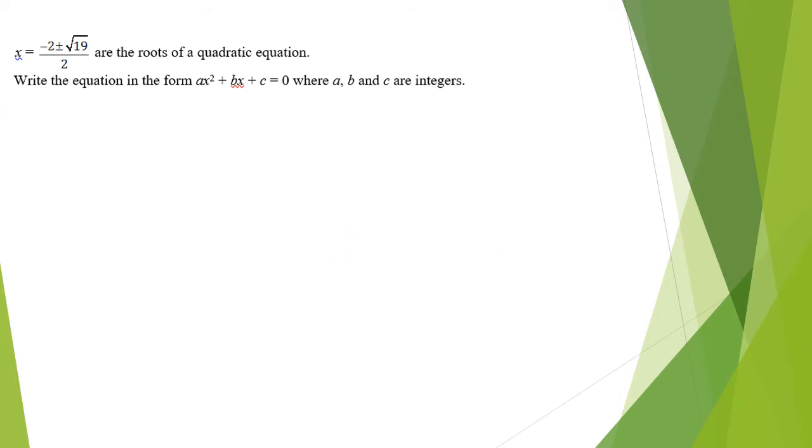Right, x equals -2 plus or minus the square root of 19, over 2, are the roots of the equation. So we write the equation as two factors.